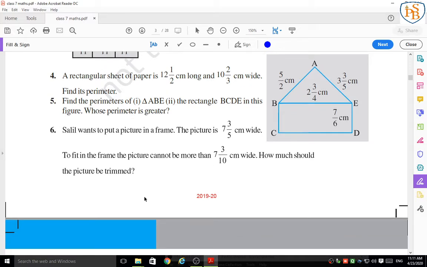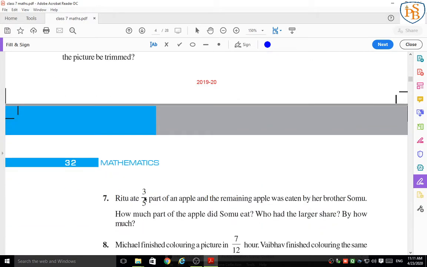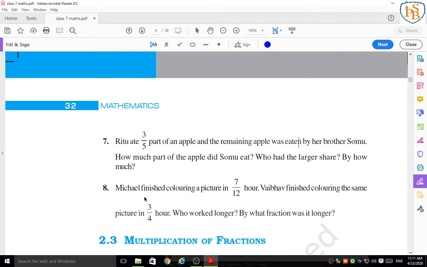Have you read this exercise 2.1? Very good. Now we are going to solve this exercise. Look here carefully.